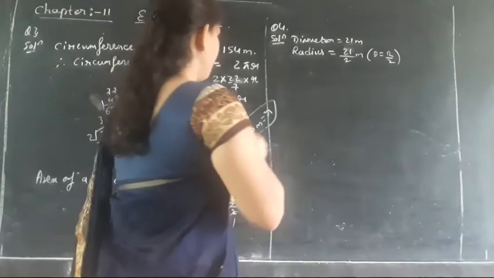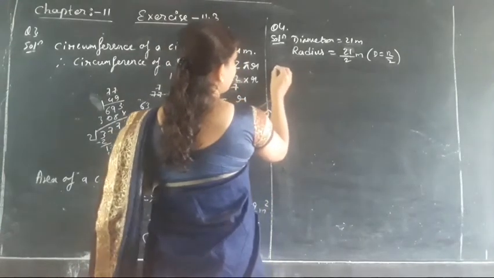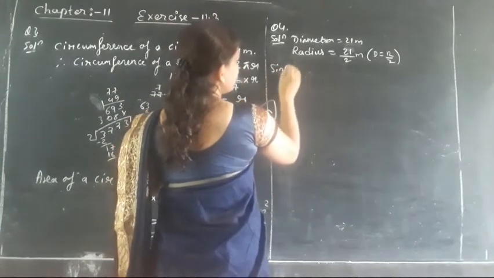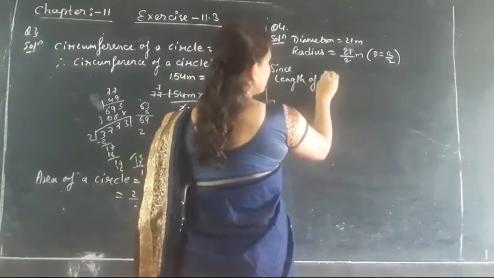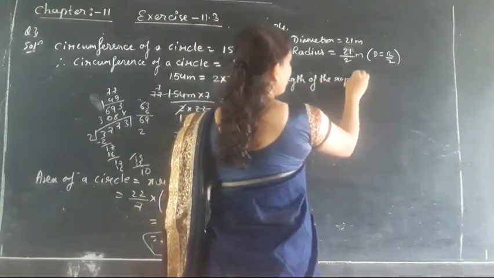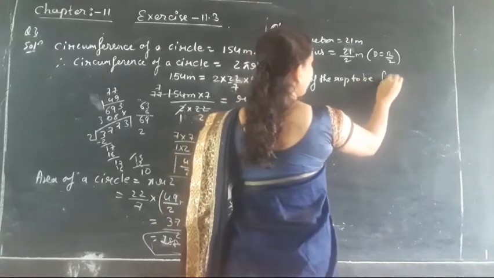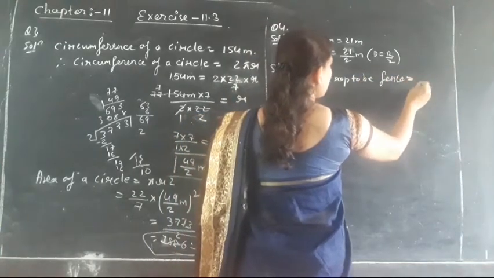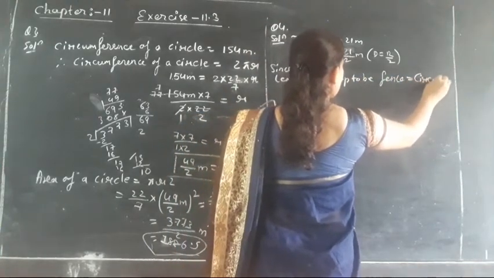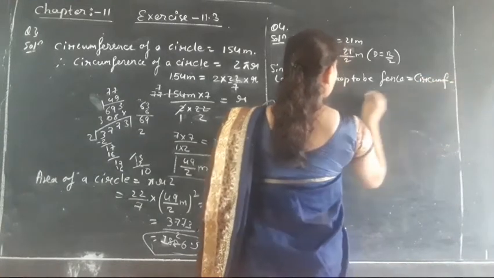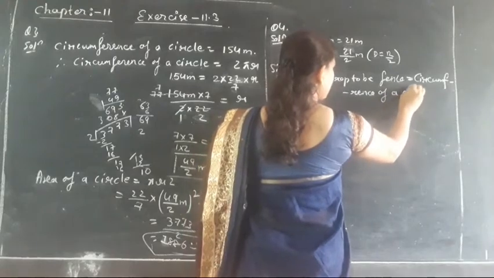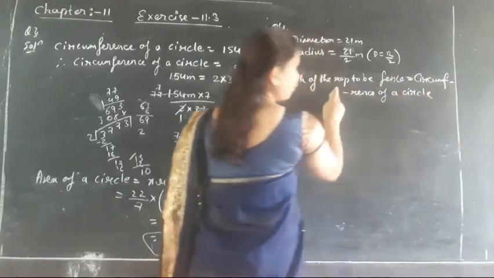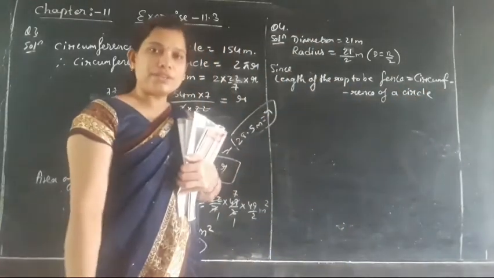Now after this it is said that find the length of the rope. So here we are going to write, since length of the rope to be fenced is equals to circumference of a circle. ठीक है, length of the rope will be equals to the circumference of a circle.